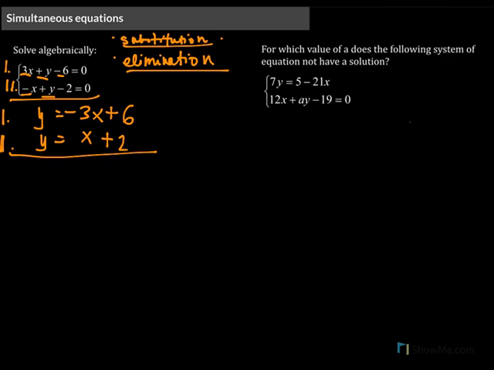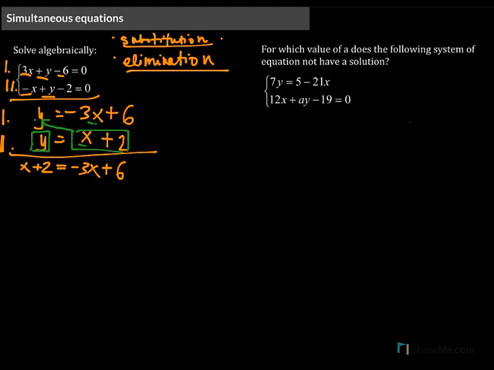This is a special case when I have an expression for y as x plus 2. And since I am looking for the point of intersection, this y must be the same as this y and this x the same as this x. So I can substitute the expression x plus 2 for y. I will end up with x plus 2 is equal to minus 3x plus 6.